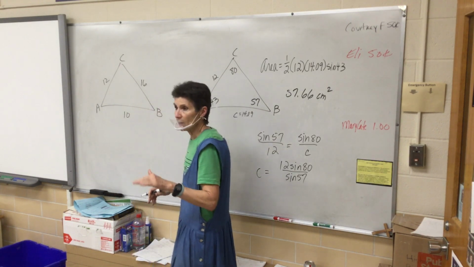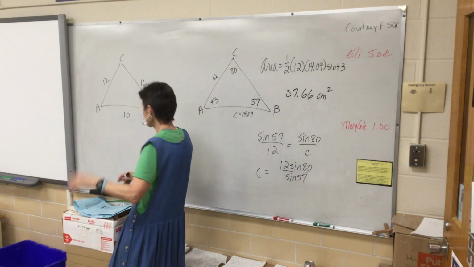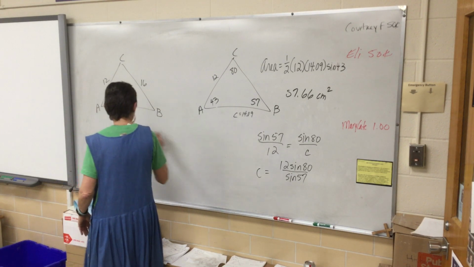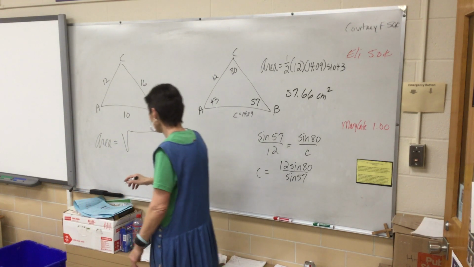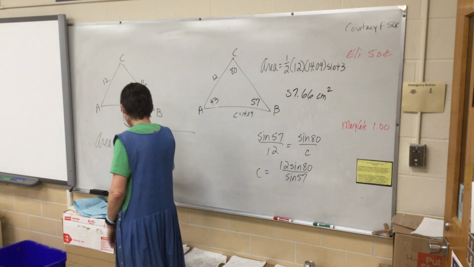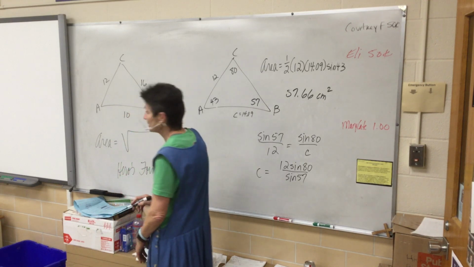There's an easier way. There was a really smart guy a long time ago named Heron of Alexandria, and he came up with what we call Hero's formula. His name was actually Heron, but it's Hero's formula. And it looks like this.